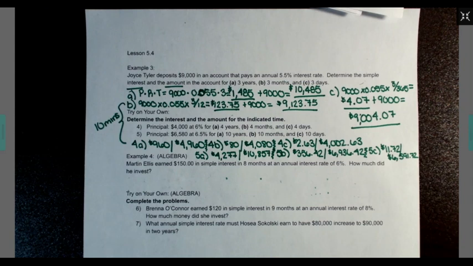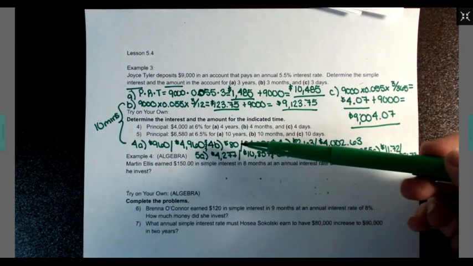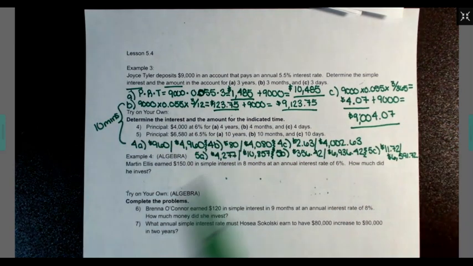All right, take a moment to answer questions 4 and 5, or to double check your answers actually. If you didn't get the right answers and you have questions, just let me know. I'll be glad to help. Notice that for each one I had 2 parts. We had the interest, the amount, the interest, the amount, and so forth.